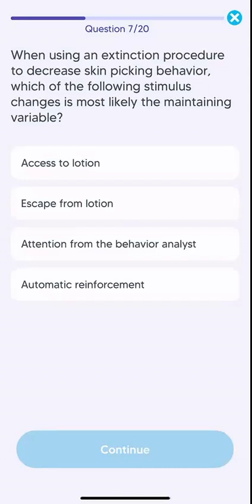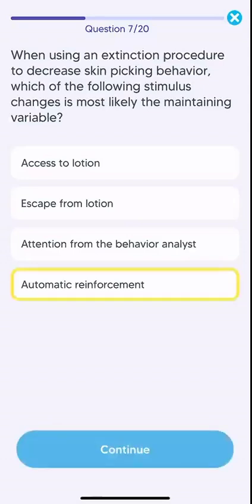When using an extinction procedure to decrease a skin picking behavior, which of the following stimulus changes is most likely the maintaining variable? Access to lotion, escape from lotion, attention from the behavior analyst, or automatic reinforcement.